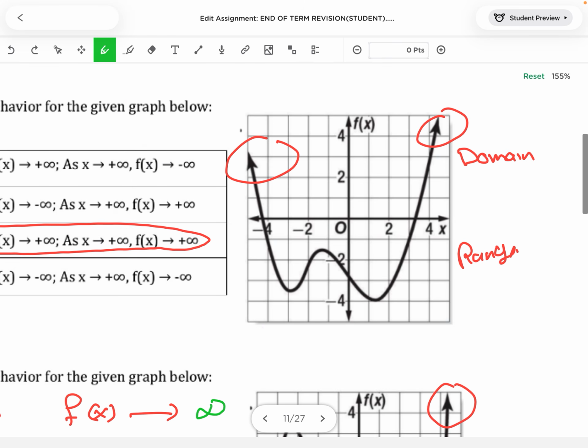Domain from negative infinity to infinity. Range, I have to check the y value of the function. The minimum place is here, and the graph is above -4. So y is greater than or equal to -4. Or you can write it from -4 to infinity.